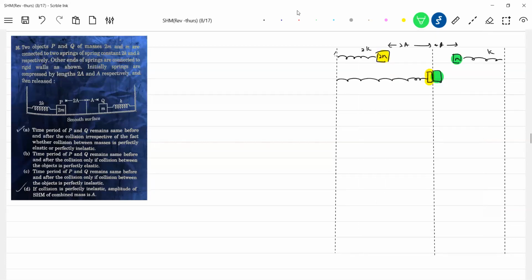Okay, they will have velocity. Directly, if you're able to imagine, well and good. So this will have velocity, say v2.